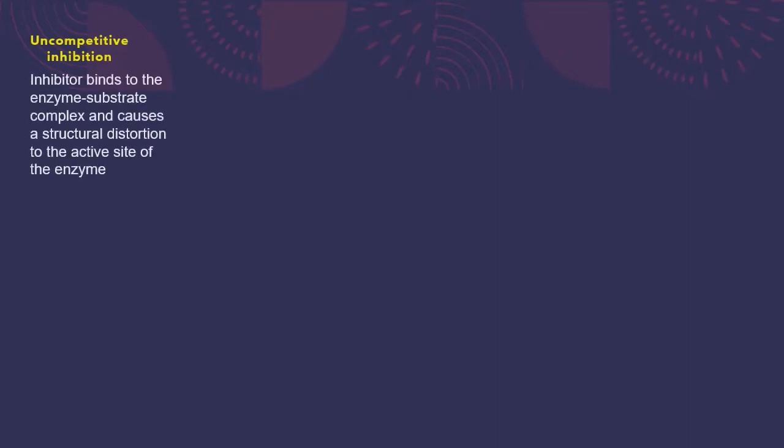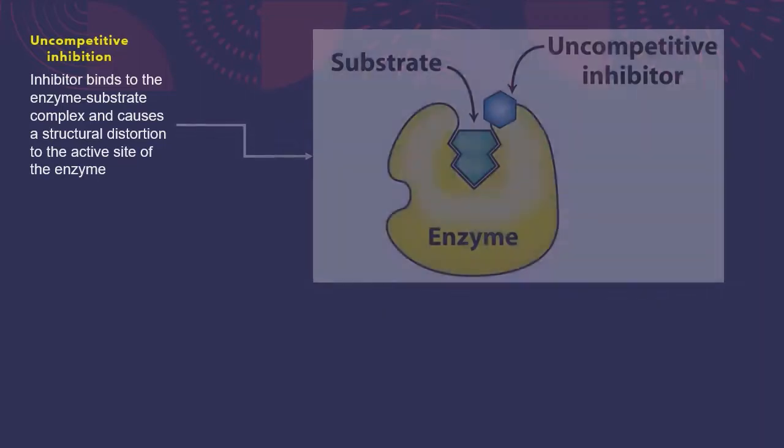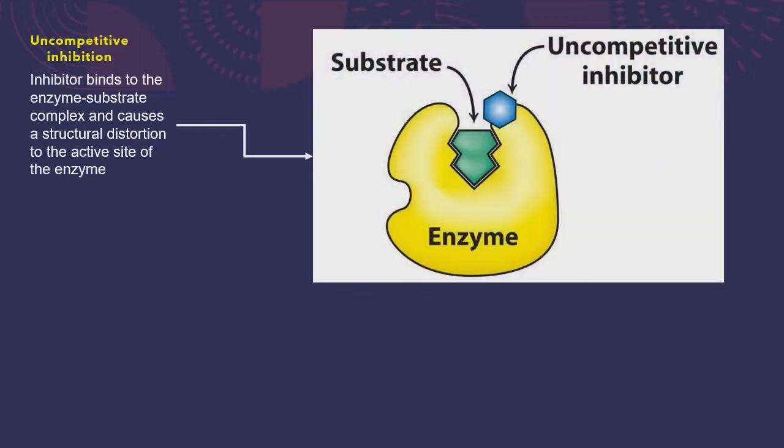And this one is called the uncompetitive inhibition, where the inhibitor will bind to the enzyme substrate complex and will cause the structural distortion of the active site of the enzyme. So this one requires the enzyme to already be attached to the substrate, and when that happens, an uncompetitive inhibitor will also now be attached, closer to the substrate and enzyme complex.